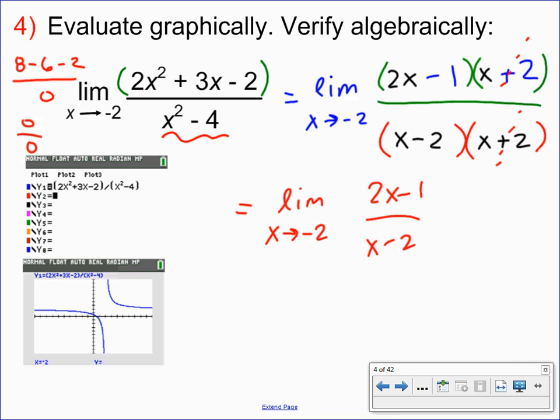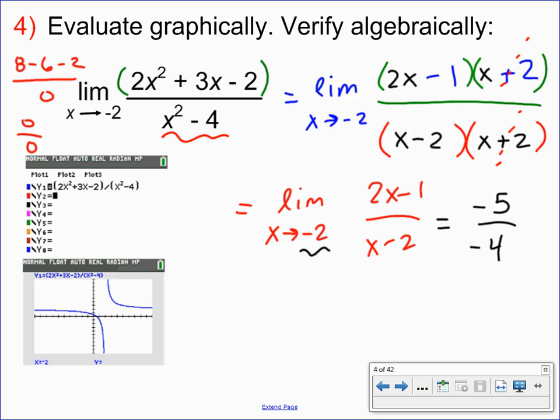And now we'll try again. So here we go. As x approaches -2, let's see what this expression does. On top, 2 times -2 is -4 minus 1 is -5. Is that right? So I'm getting -5 on top. -2 minus 2 is -4.